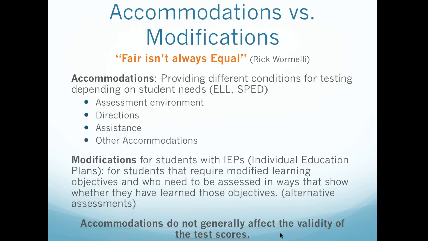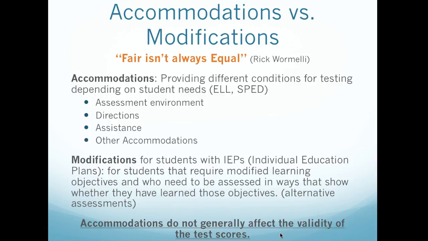The other big question with assessments in general, and you'll find this true with standardized state testing in particular, is the difference between accommodations and modifications. And you think about this: fair isn't always equal. Accommodations are for people that have certain disabilities or certain situations. For example, if they're English language learners, they may get extended time.